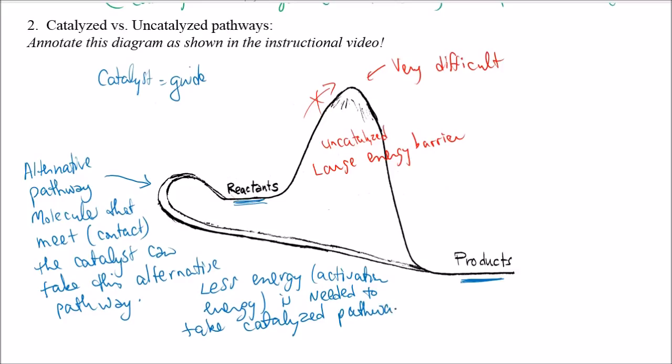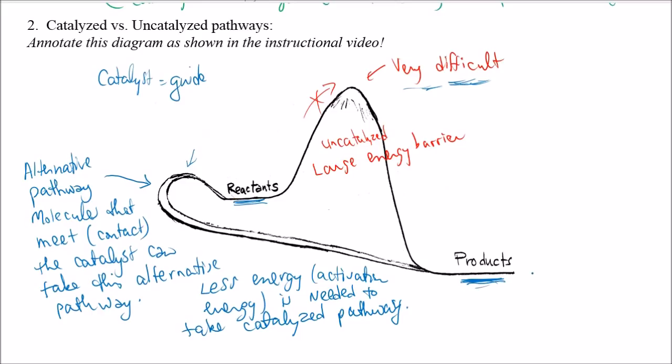So in a population of molecules, for this very difficult pathway, might be only 1 in 1,000 or 1 in 1,000,000 molecules has enough energy to do that. Whereas if the activation energy, the energy barrier here, is small, then maybe a very large fraction of the molecules in the population are able to get to products.